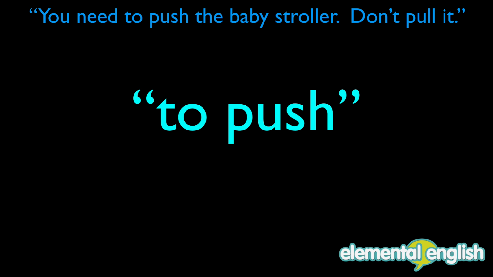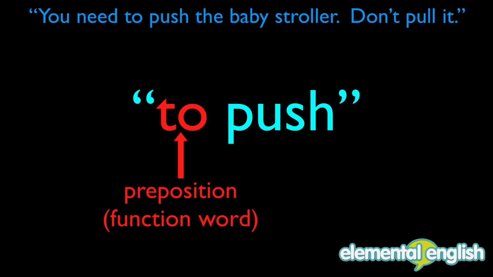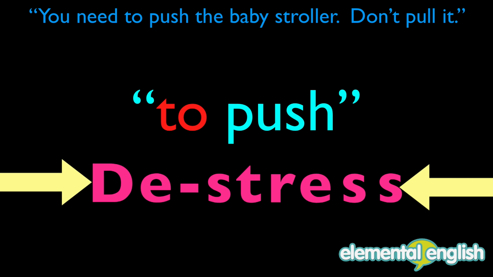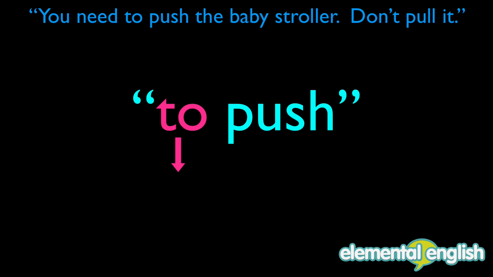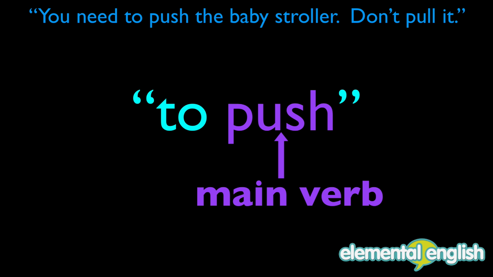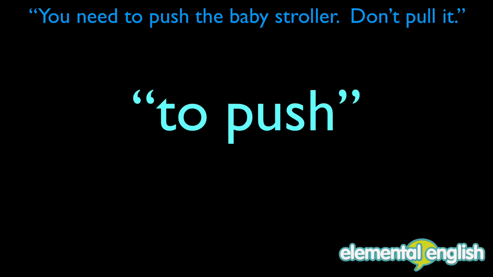To push. Because to is a preposition, a function word that creates the structure of the sentence, we de-stress it. So to becomes ta. Push is a main verb that carries meaning in the sentence, so we say it nice and clearly. To push.